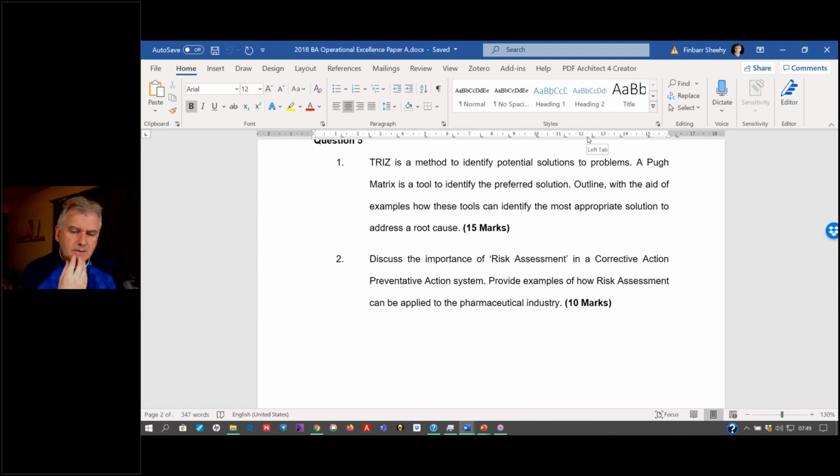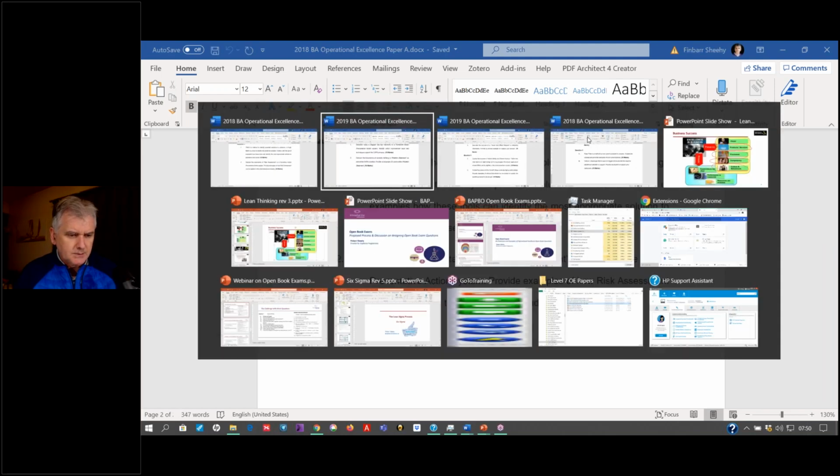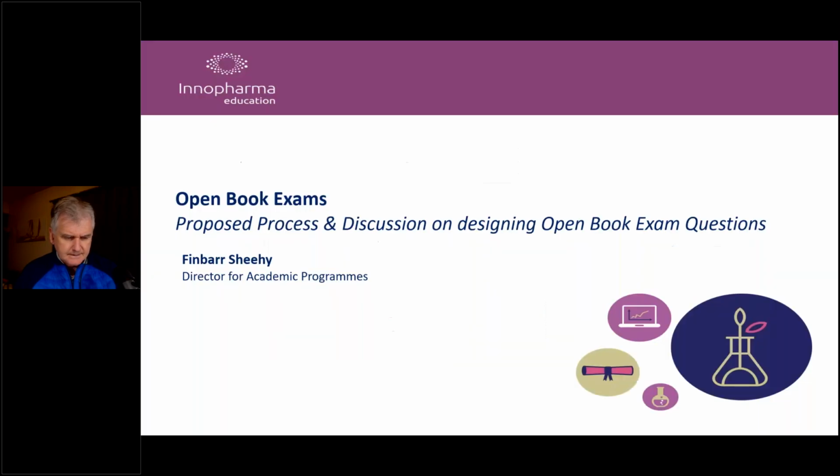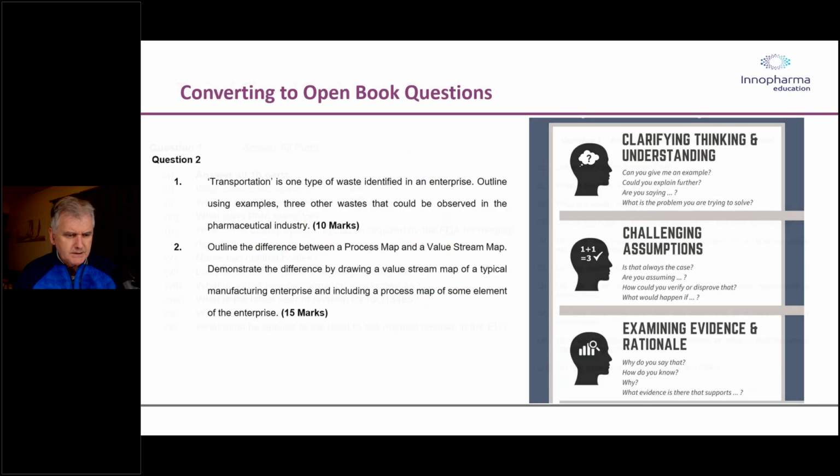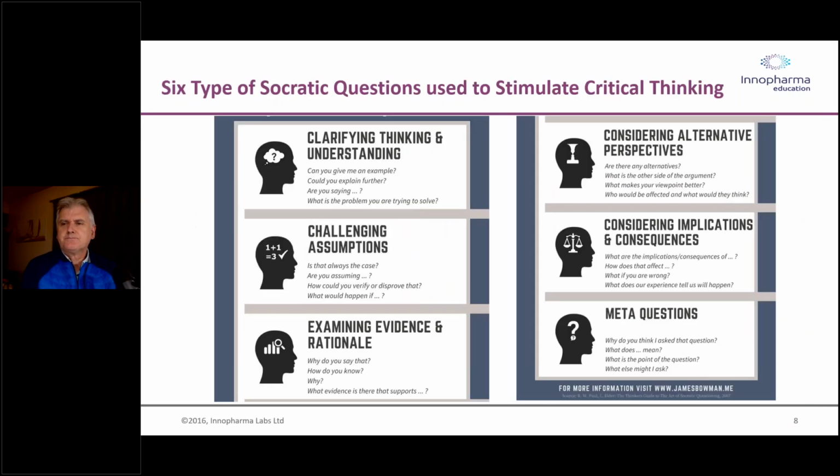So what you can do is, by all means, go back and look at past papers. But that slide that I put up earlier on might be a useful exercise for yourselves: go back and look at the closed book questions that you have, and then pose some of these questions here.